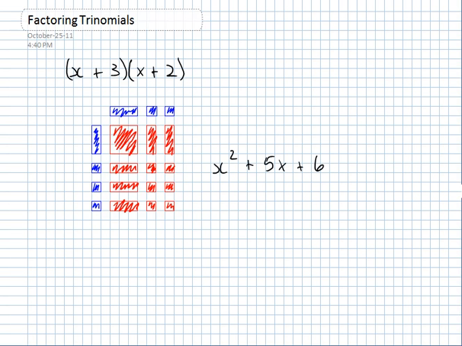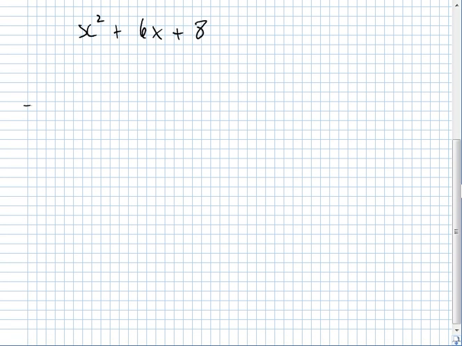So if I were to give you a different trinomial, like the one I'm going to show you, x squared plus 6x plus 8, if you arrange those algebra tiles into a rectangle, then you should be able to deduce what the factors are going to be. You're going to have to be able to do this with algebra tiles on the provincial exam, so it's best we start with this one here.